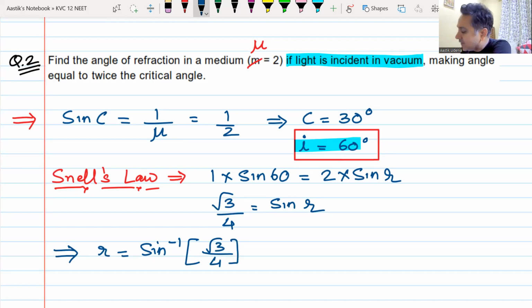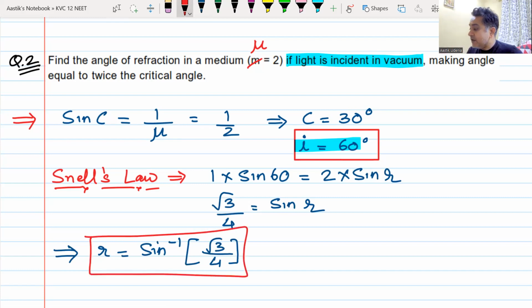That was the correct answer I was looking for. I also wanted to check whether you understand that the light is going from the rarer medium to the denser medium, so no matter what happens, TIR cannot take place. Am I clear, my dear friends? Yes, sir.